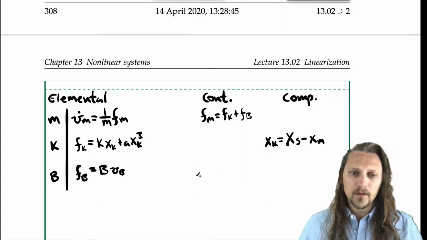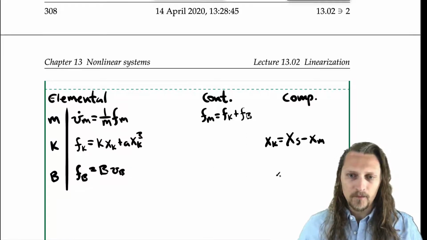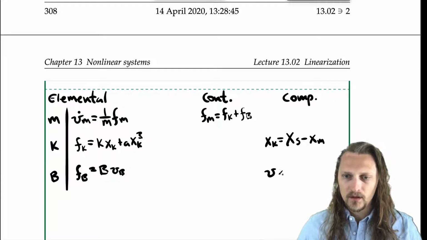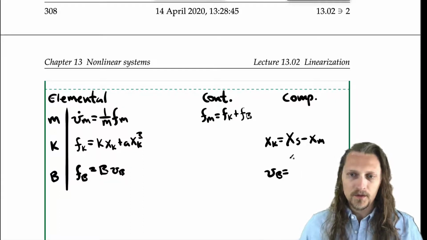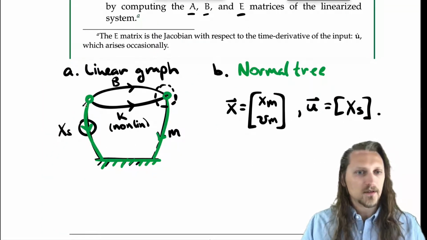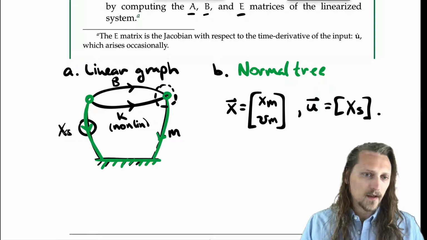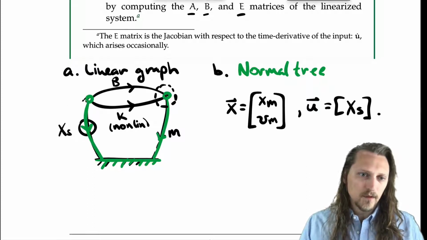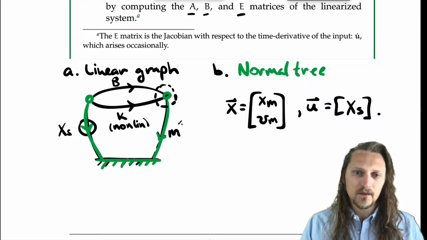And finally, for B, we have Vb equals, we have xs, but we're talking velocity here, so it's the time derivative of xs. So Vb equals xs dot minus Vm.